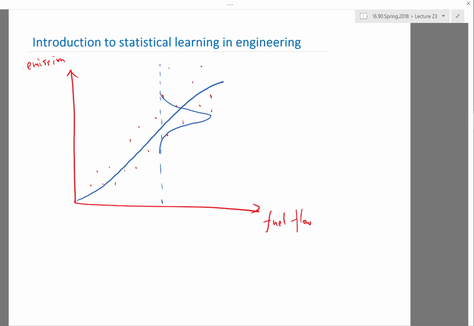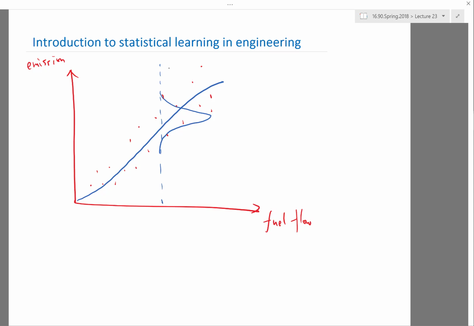This is the conditional distribution of emission, given that my fuel flow rate is exactly at that vertical dashed line location. Effectively I have zero data here. At most I probably have one data point if this is sampled from real life as opposed to a well-controlled experiment.